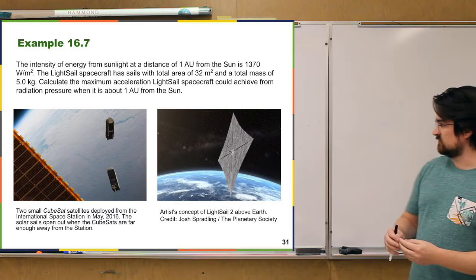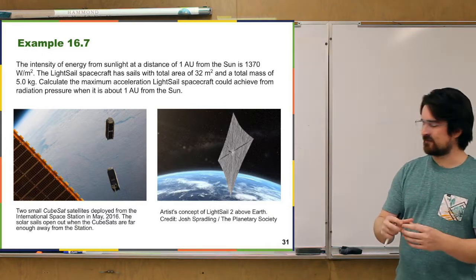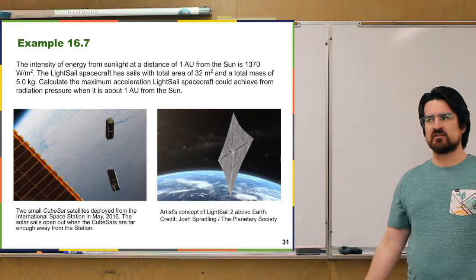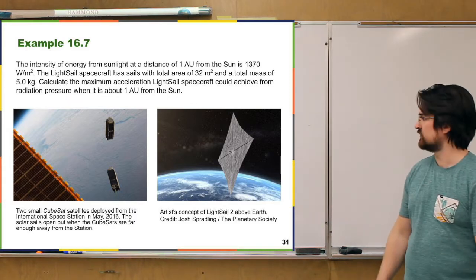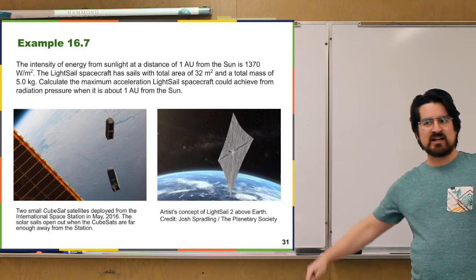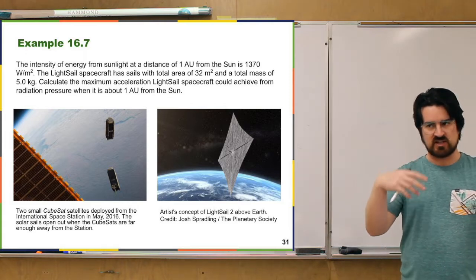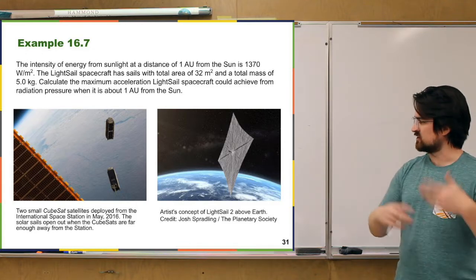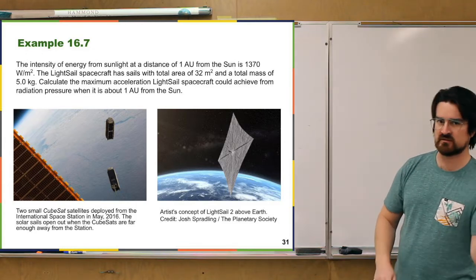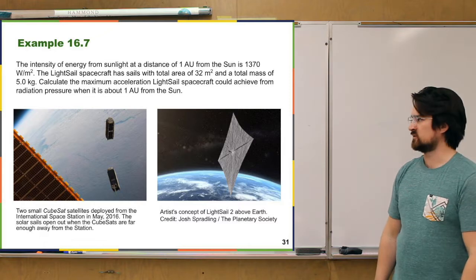The idea is that you have your craft, but it has a very large and very lightweight reflective sail. When you deploy that sail, all of the radiation pressure that's hitting it is going to help propel the craft. And since it's a reflector, you get the most out of it, right? You get double the pressure.